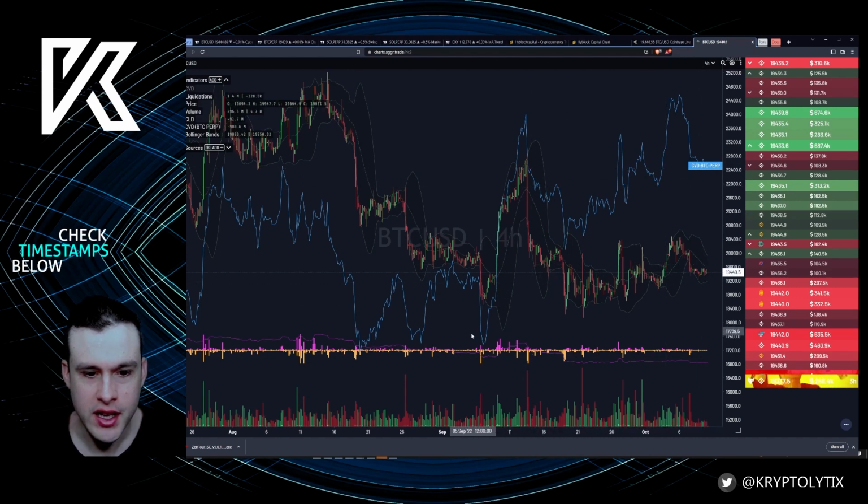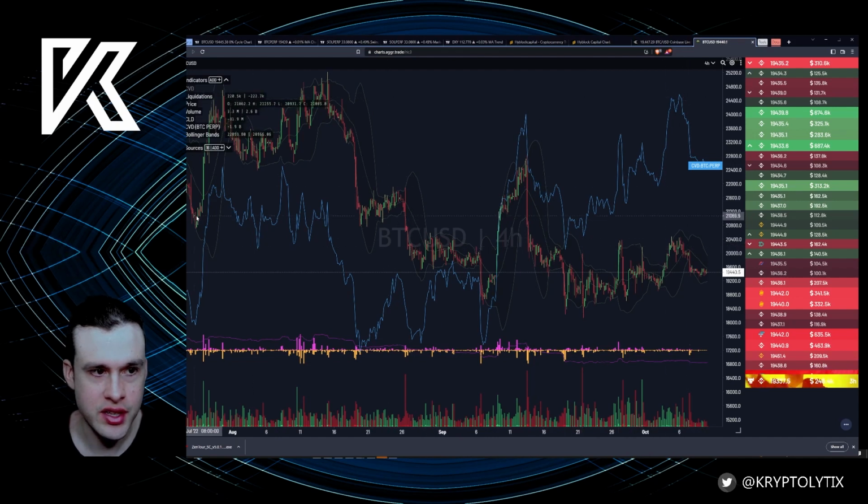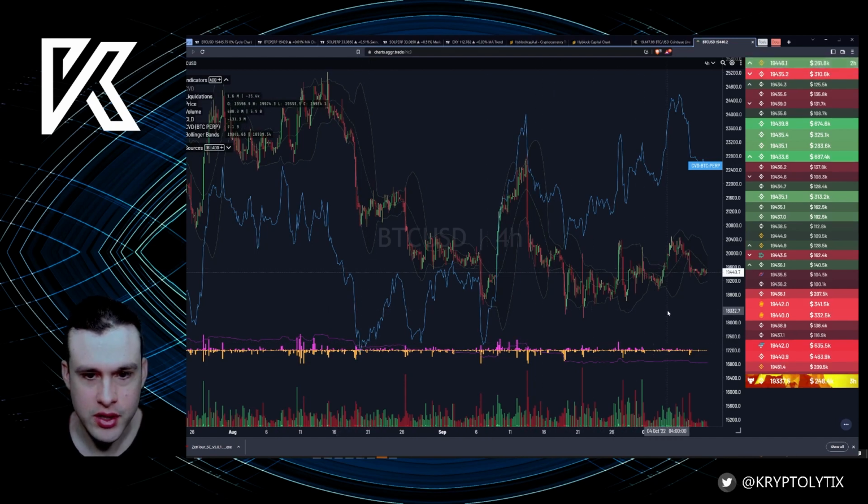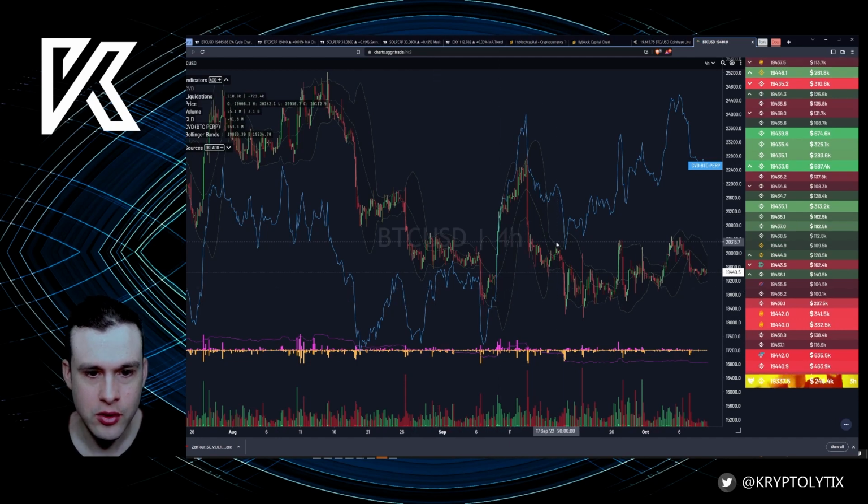So right now, if you look at this line, it shows that since, let's have a look here, I would say about the 7th of September, even though the price has been kind of going sideways, the bulls who are trading leverage and trading on perpetual swaps, perpetual futures contracts, are very, very bullish, right?